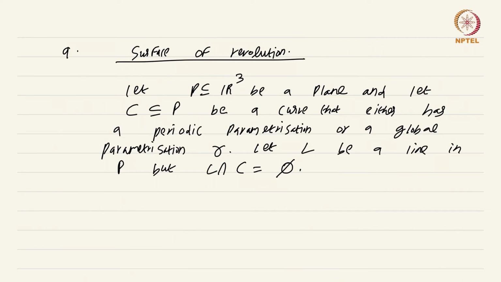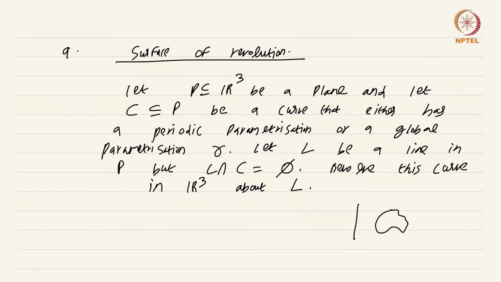Now what I am going to do is revolve this curve in R3 about L. Both L and this curve lie in one plane, so I'm going to visualize a third dimension that is perpendicular to this paper, and then lift this curve up and rotate it about a circle so that this curve revolves around this line in three-dimensional space once.